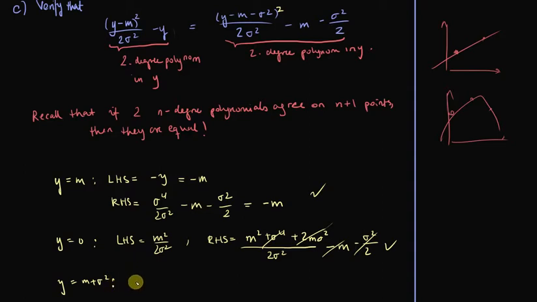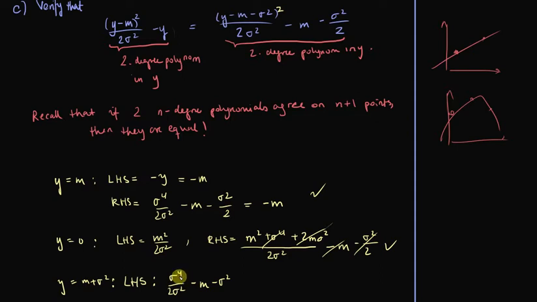Last one you want to check is for y equal to m plus sigma squared. In that case, what you have on the left-hand side is equal to, well, let's see, sigma to the fourth divided by 2 sigma squared minus m minus sigma squared.